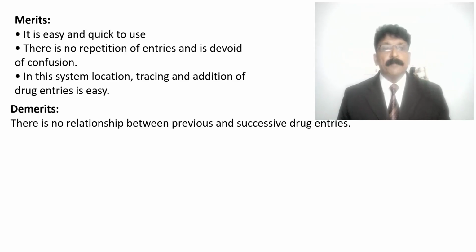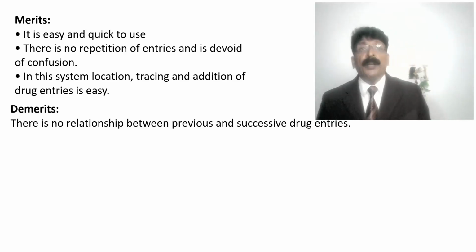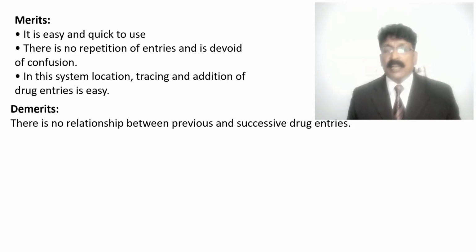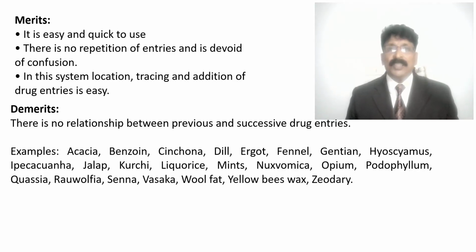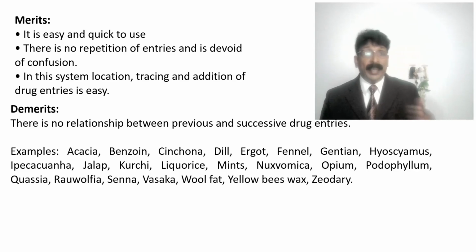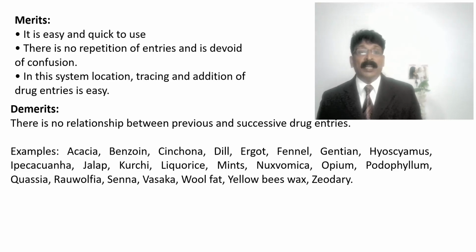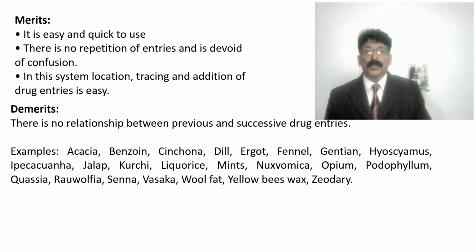Demerits: there is no relationship between previous and successive drug entries. Examples you can see: acacia, A; B, benzoin; the relationship is not there. Even cinchona, which is an anti-malarial, and benzoin, which is a resin used as a flavoring agent. So the difference is there.